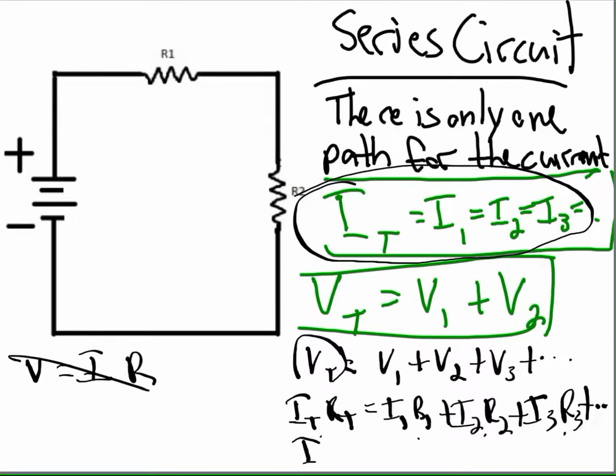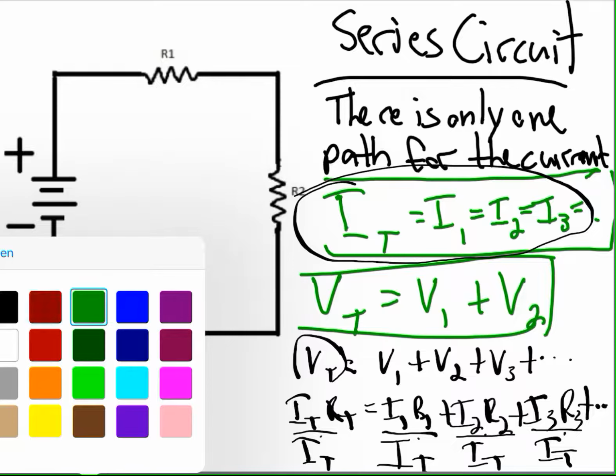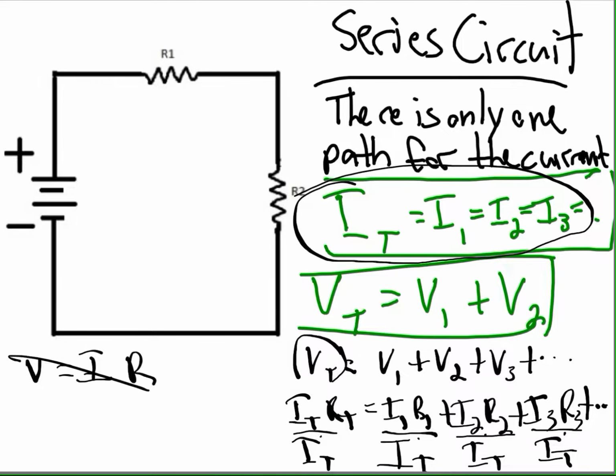Because if I divide this by I total, algebra tells me I have to divide everything by I total. And what we hopefully realize now is that I total and I total would go away, and you just have R total.